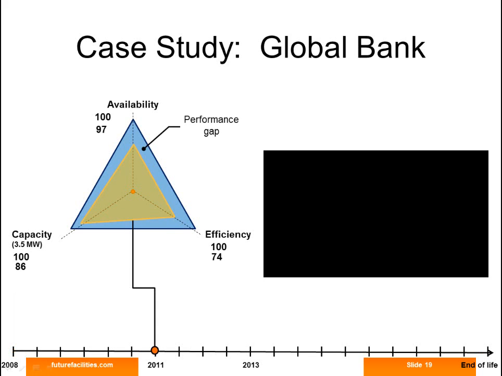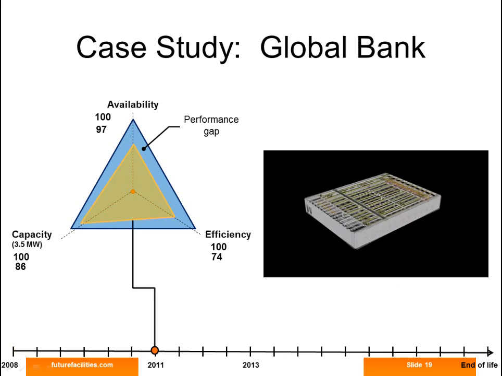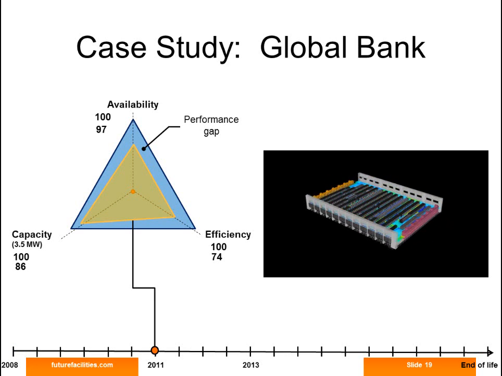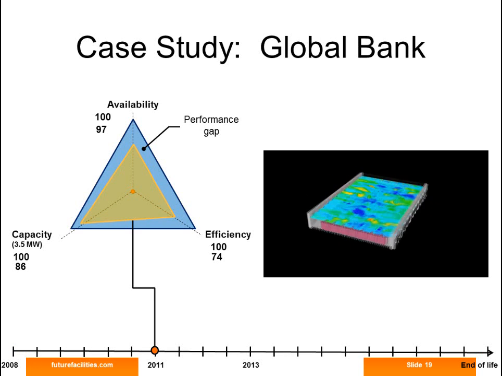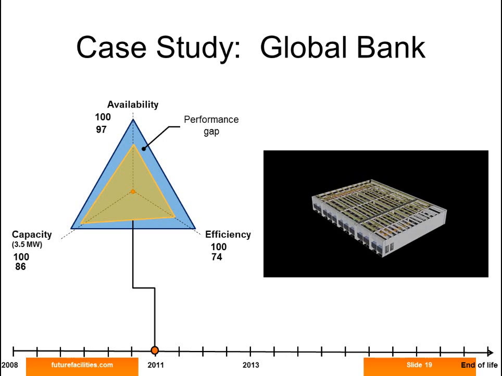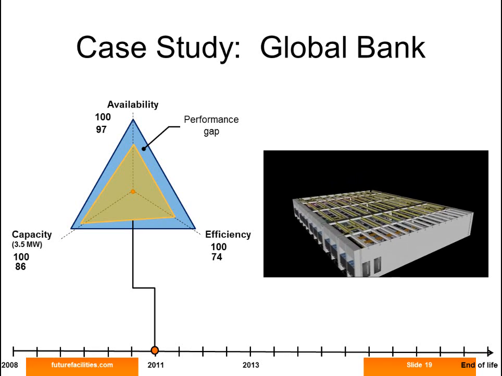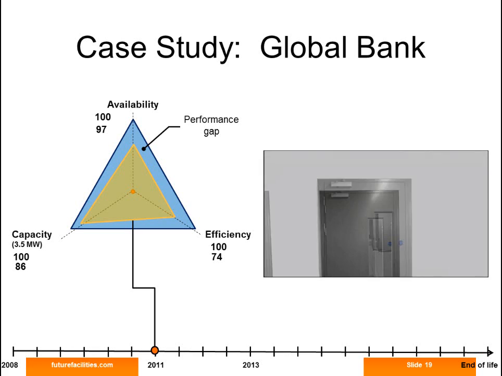When we got involved in 2011, that is when the baseline virtual facility models were created for these facilities. The calculation for ACE from the virtual facility models produced the following numbers. For capacity, the model showed that these 2 data centers together lost about 350 kilowatts of IT loading capacity.